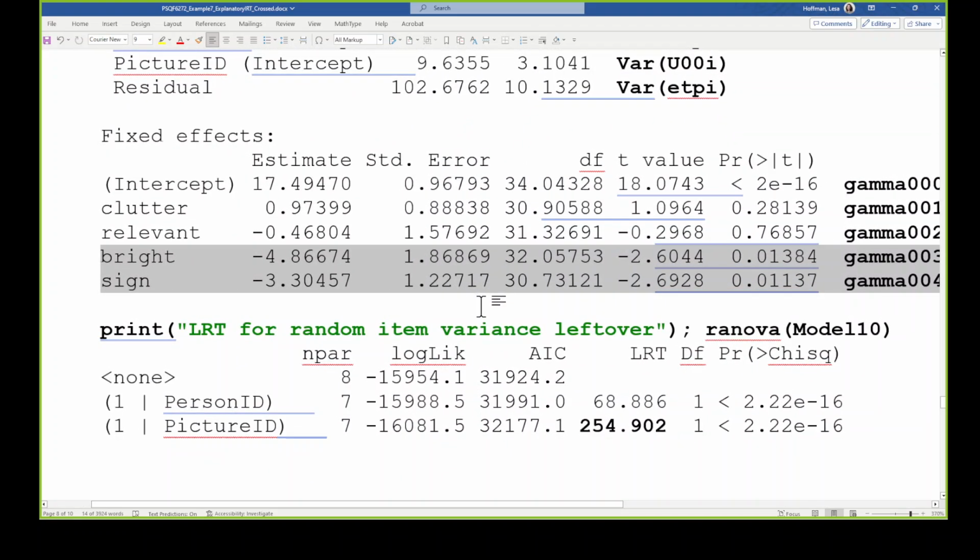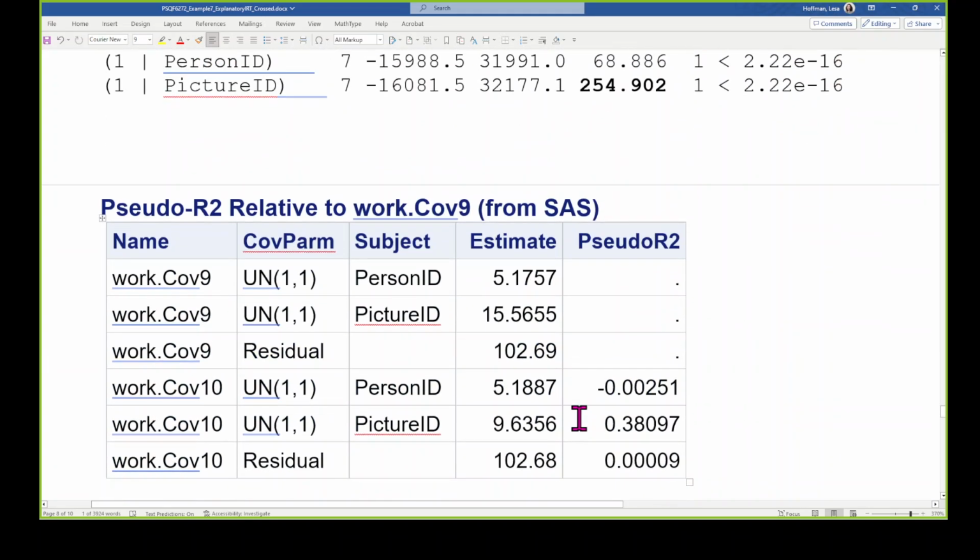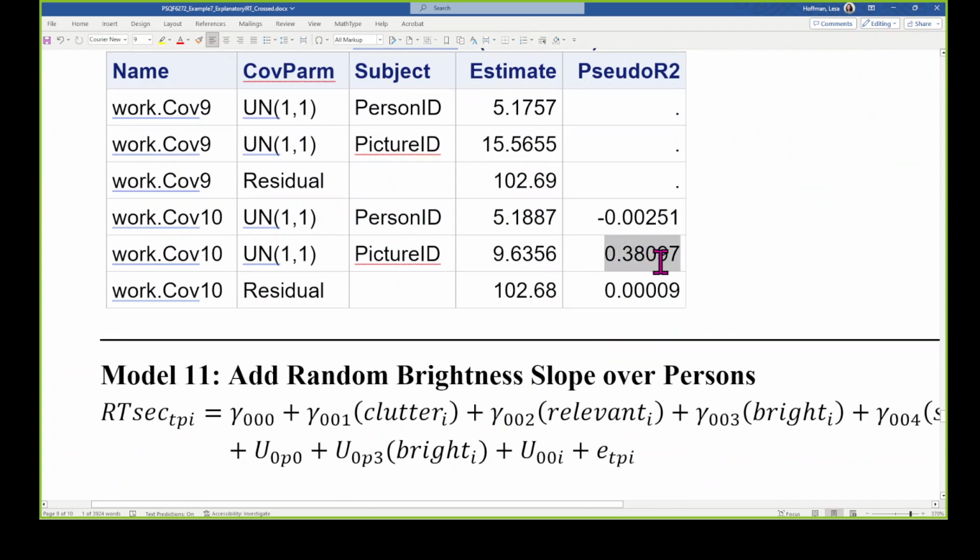So I'd probably say people are faster, is how I would phrase a negative slope in this context. So by about 5 seconds. If the change was made to a sign, they see it about 3 seconds faster. And both of those are significant. The amount of variance explained, 38% of the item variance. The others did not change as expected.